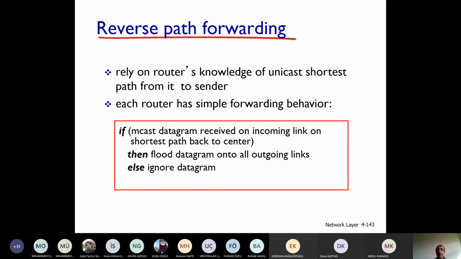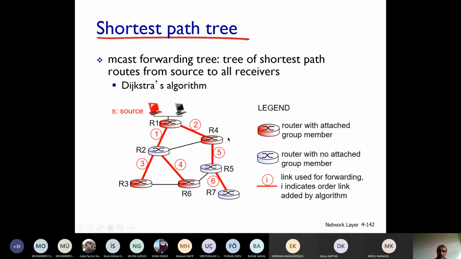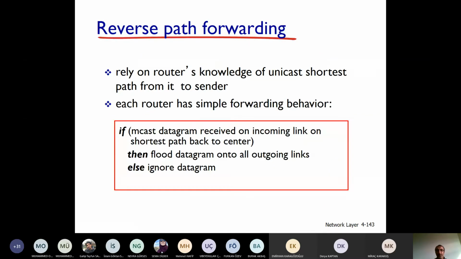If the multicast datagram is received on the incoming link on the shortest path back to the source, which is the red path of the shortest path tree, then I'm going to flood the datagram on all outgoing links. Otherwise, I'm going to ignore or discard this datagram. I'm not going to forward it. So reverse path forwarding works with this simple behavior.